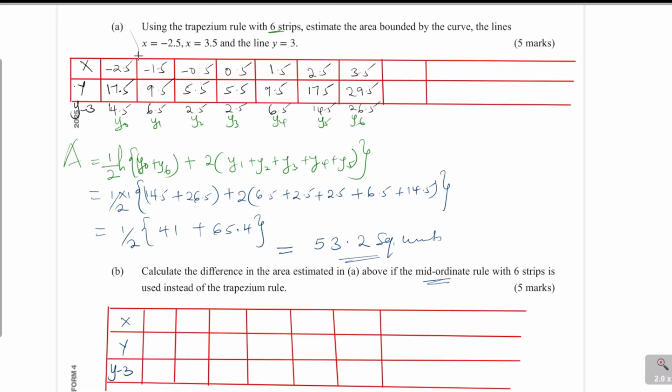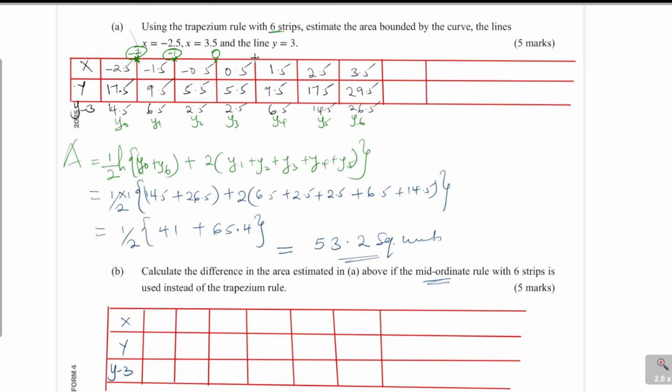Like the first strip, the midpoint is here. The second one, the midpoint is here. That is between negative 2.5 and negative 1.5. What is there? Negative 2. So we're going to take negative 2 there. Between negative 1.5 and negative 0.5, the midpoint is negative 1. Then between negative 0.5 and 0.5, the midpoint of that strip will be 0.